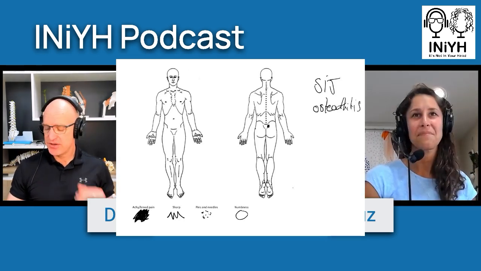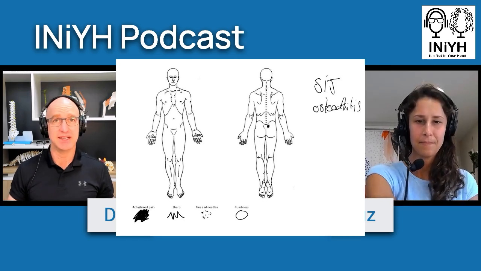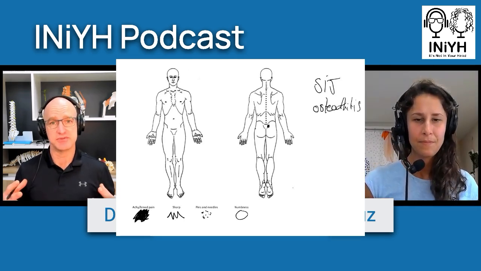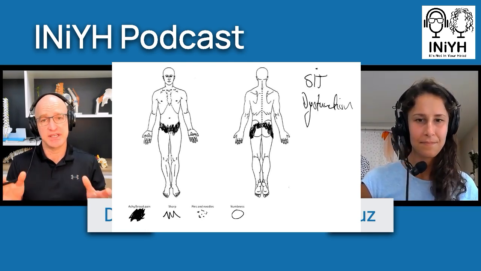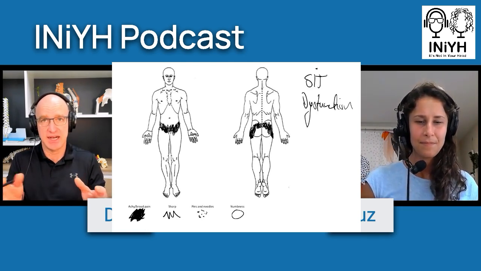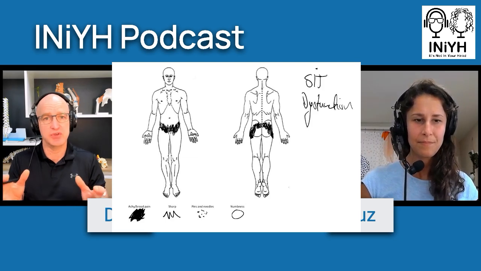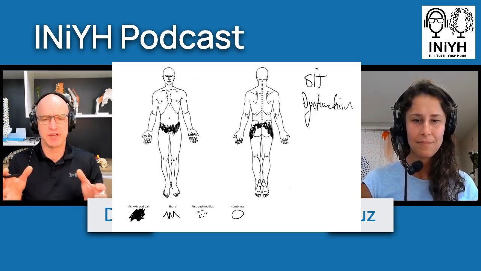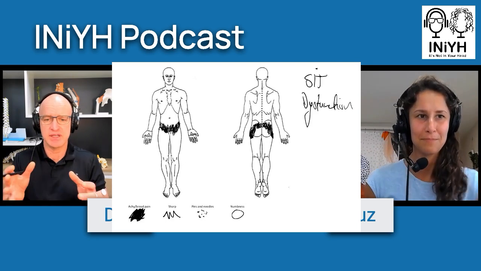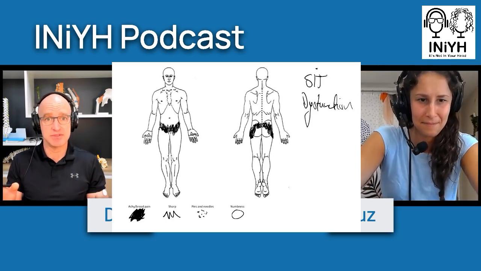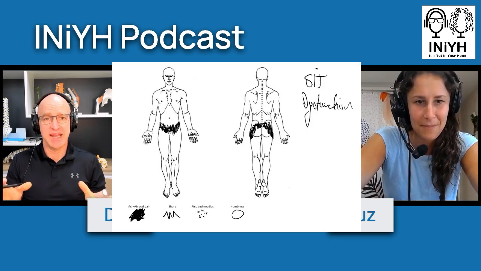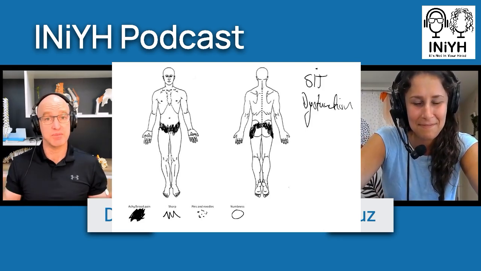That's funny. So then what patients will present with if you've got sacroiliac joint dysfunction: the sacroiliac joints are moving. Normally they move only a small degree, about 1 to 4 degrees. If they move more than that, you start getting muscle spasm around it, and patients will start to draw the muscle spasm.